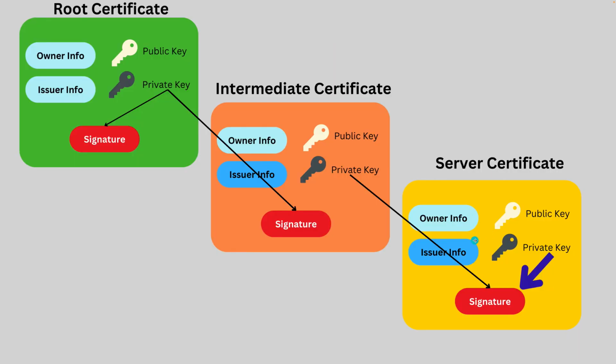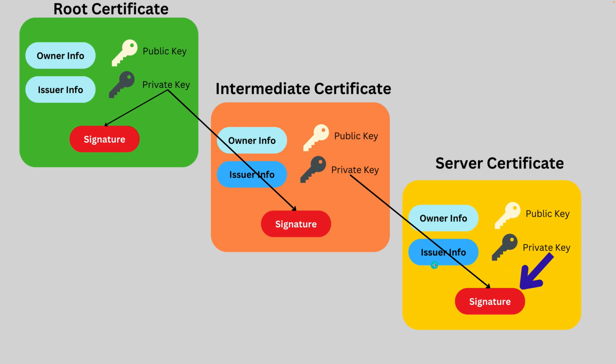The chain of certificates is going to look something like this. We're going to have our server certificate, and the owner information, for example, is going to be hellofresh.com, Berlin, and whatever. And what we want to do is validate this signature. So what are we going to do?